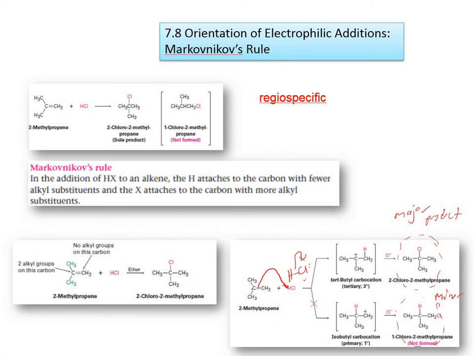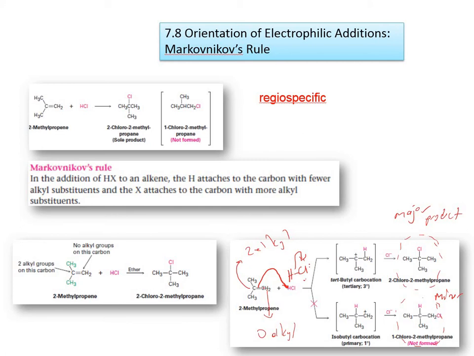Let's look here. How many alkyls do we have here? We have 2 alkyls. So let's write here 2 alkyl groups. And how many alkyls do we have here? 0 alkyl groups, because it has 2 hydrogens and hydrogens are not substituents. So the bottom line here: the hydrogen attaches itself to the carbon with fewer alkyl substituents.